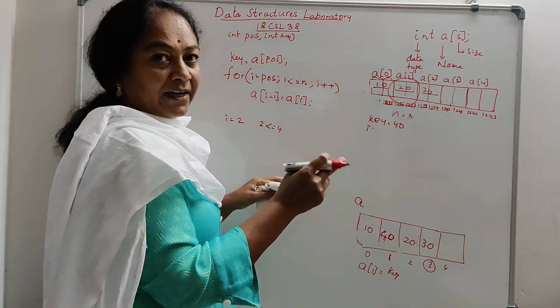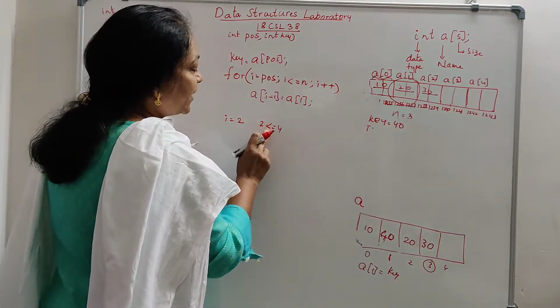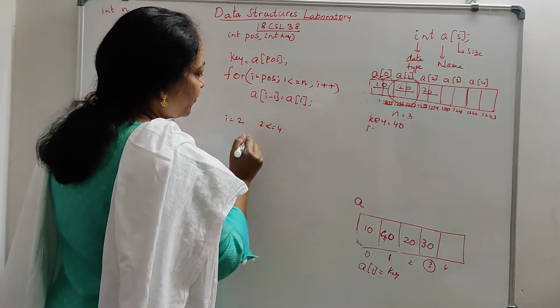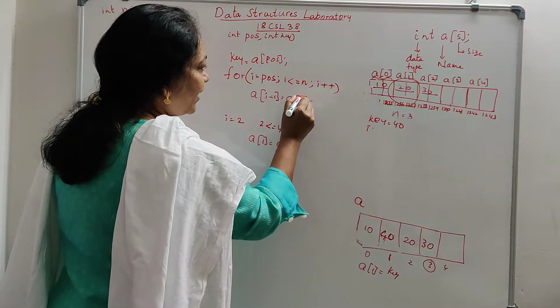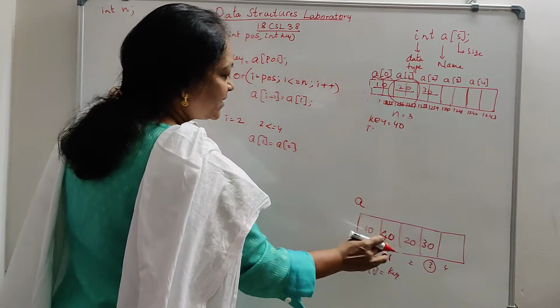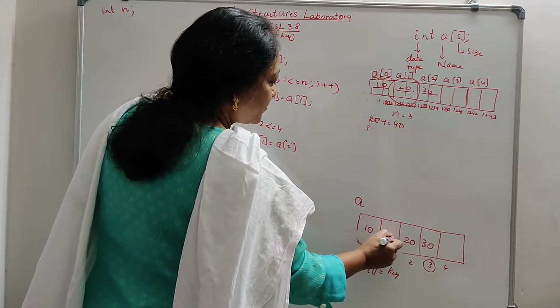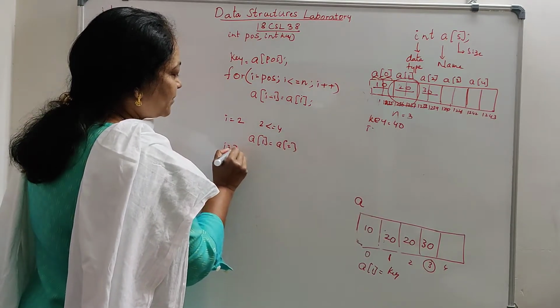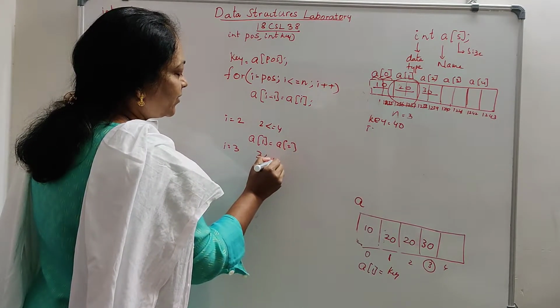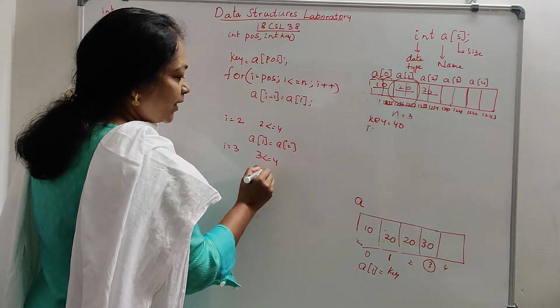Already we had updated n when we inserted. So 2 is less than or equal to 4. Now a of I minus 1 is equal to a of I, so that is 20. Now this becomes 20. Then increment I, it becomes 3. 3 is less than or equal to 4. Yes. So what happens?